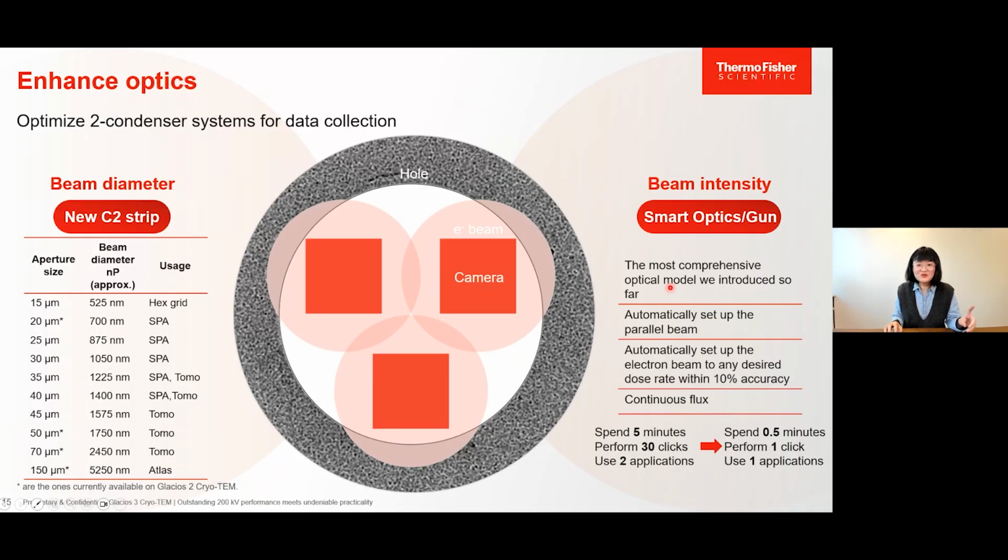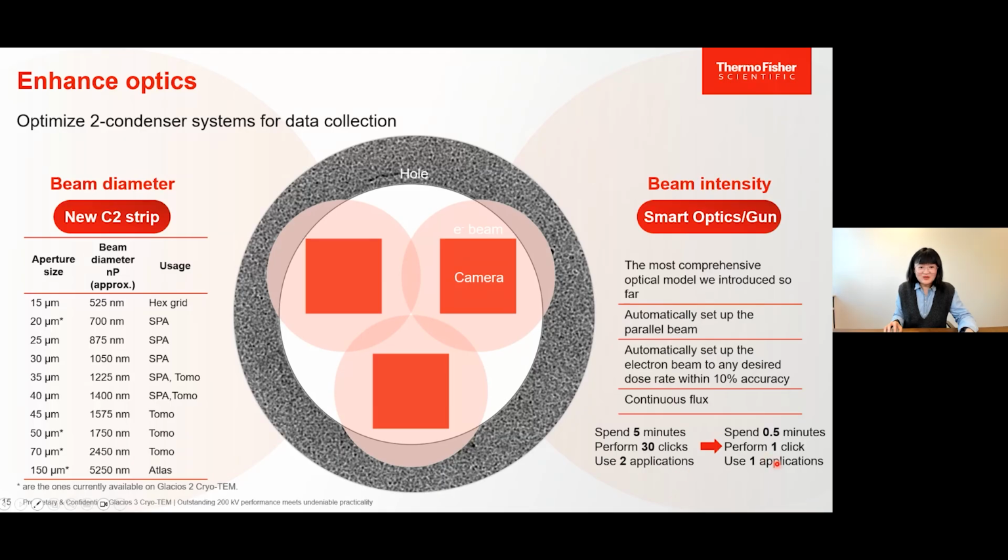Now with the new optical model, which we call Smart Optics, this is the most comprehensive optics we have introduced so far. It models the complete optics of the complete column, and using this optical model, you can set up the parallel beam and any desired flux within 10% accuracy in one single click.